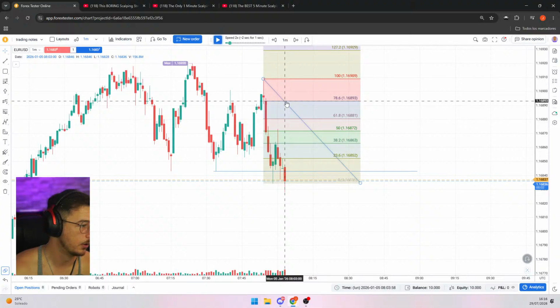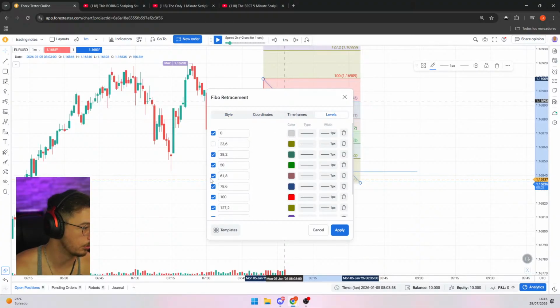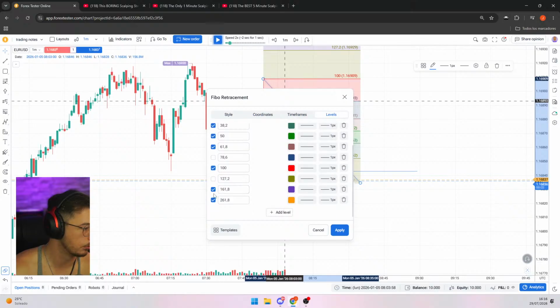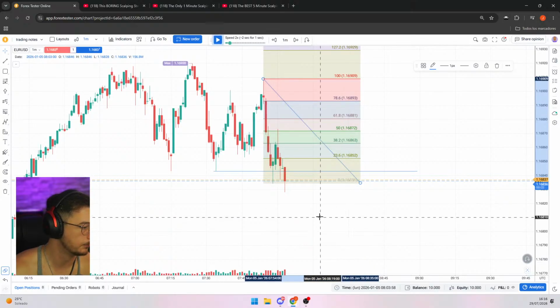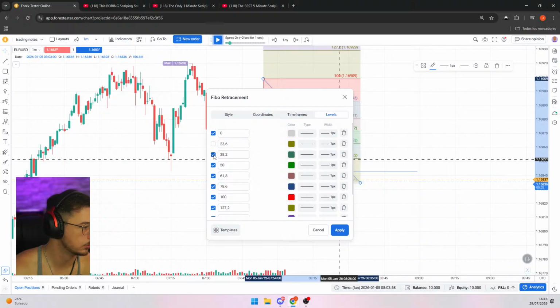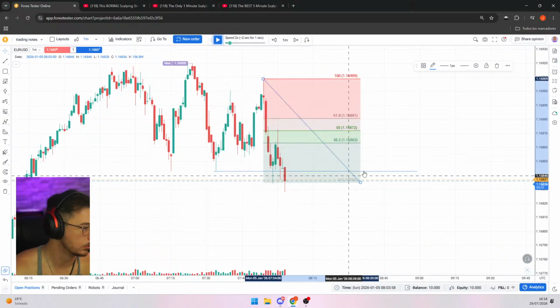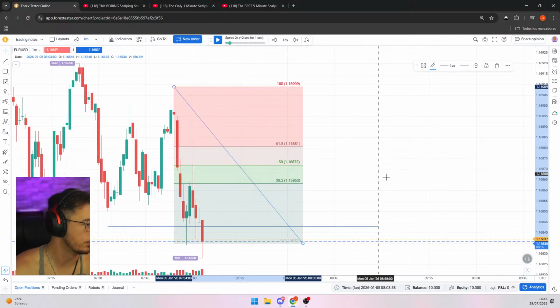So let's change this to remove the levels that we are not going to use. Why didn't it remove? Okay, there we go. So as you can see, 50%.